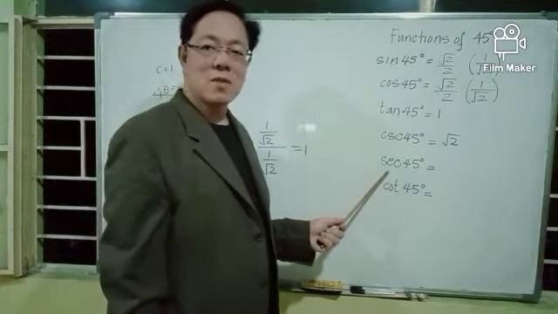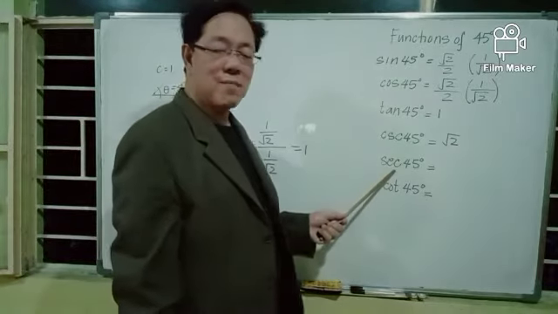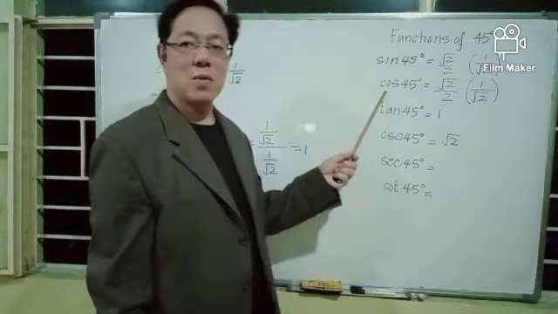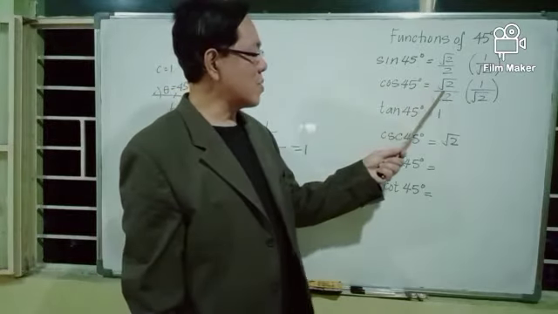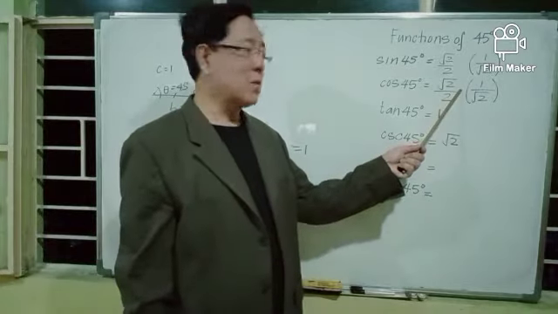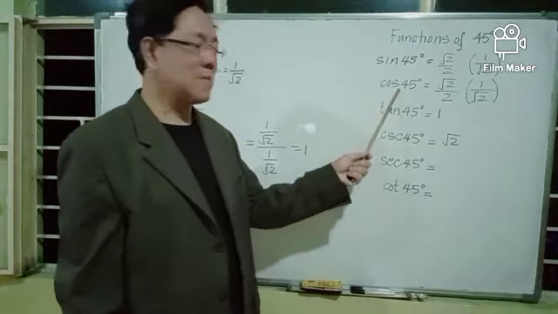We know that secant is the reciprocal of cosine. Thus, the value of the secant of 45 degrees is the reciprocal of the value of cosine of 45 degrees, which is equal to square root of 2 over 2, which was derived from the original value of 1 over square root of 2 of cosine of 45 degrees.